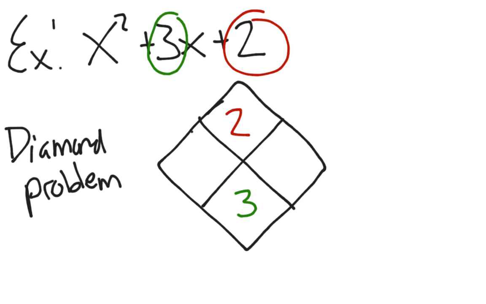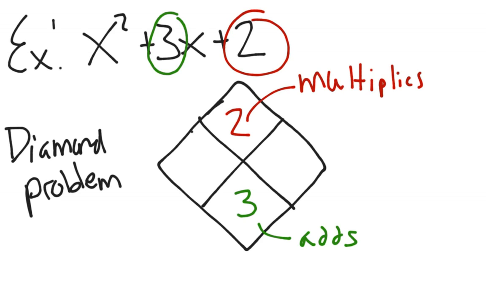In the sides, I want to figure out what adds to 3 and multiplies to 2. So it's like a puzzle. What two numbers can I write in these empty boxes that will multiply to 2 and add to 3?